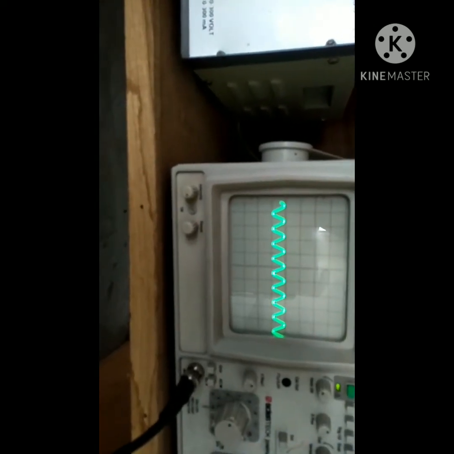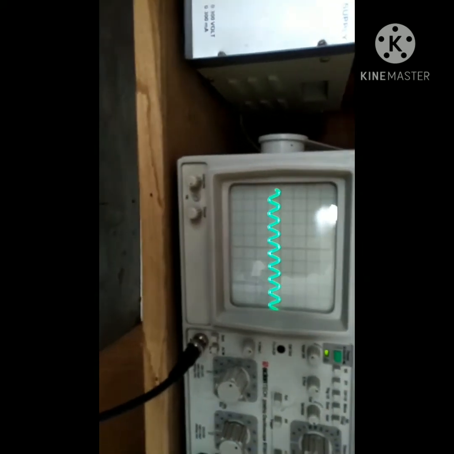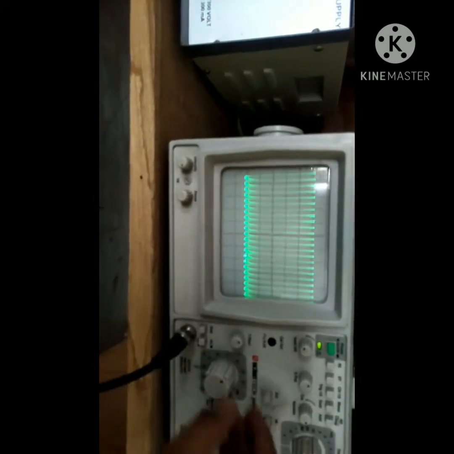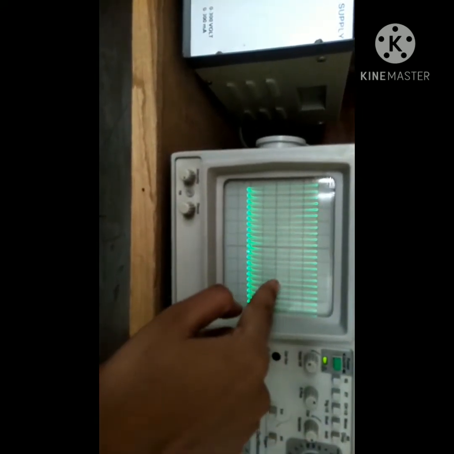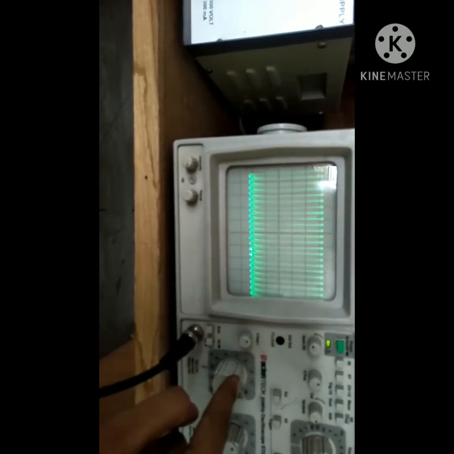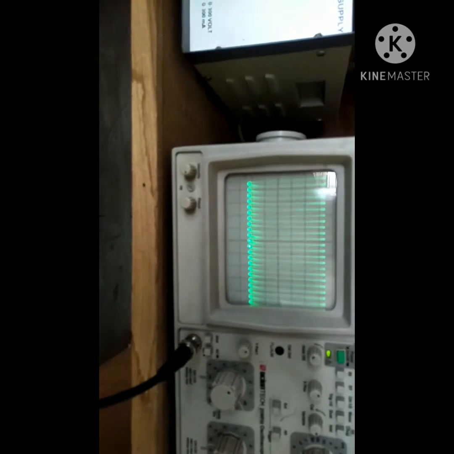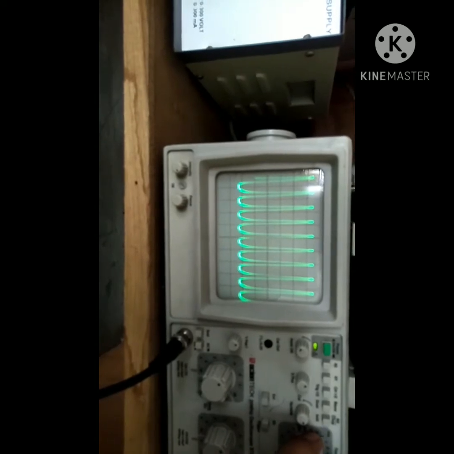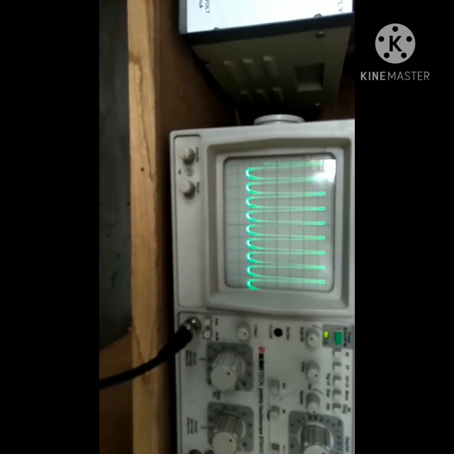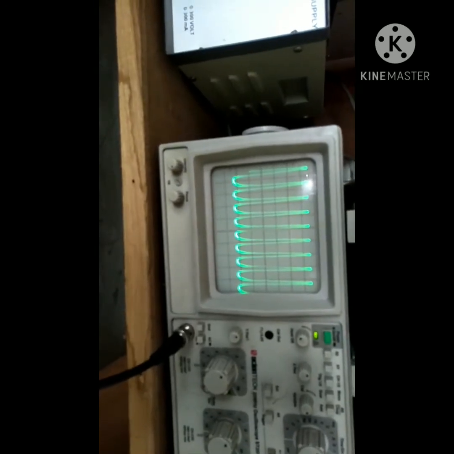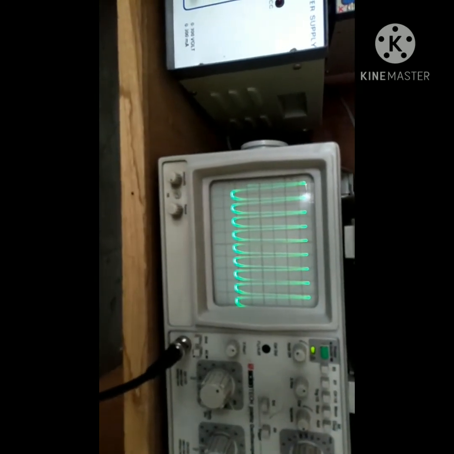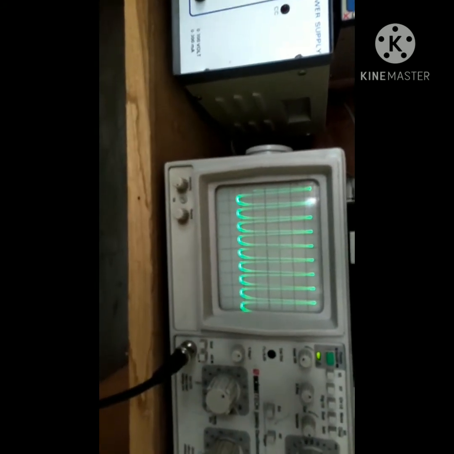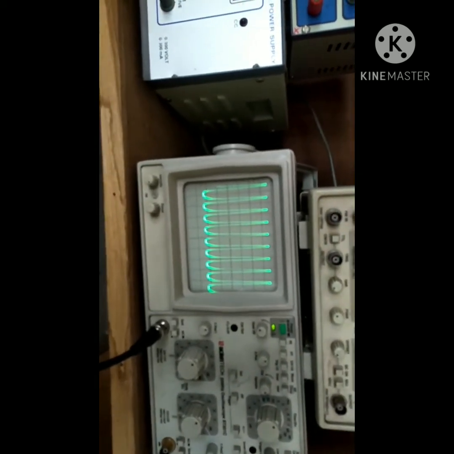Input is 1 volt. Now we are going to see the output. This is the output voltage, which has the magnitude 5 into 0.5, that means 2.5. From this we can see that amplification takes place. The input signal has a very small value and the output has a very large value, that means amplification is done by using the field effect transistor.